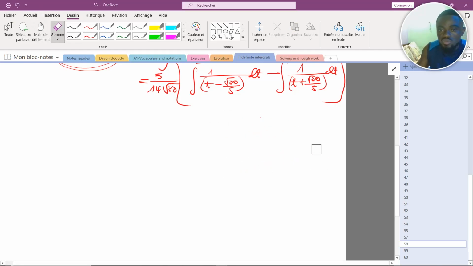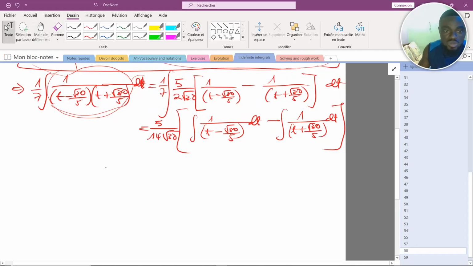So this will become, don't be in a haste when you are doing your integrals, because if you make errors, you will not get the answer.